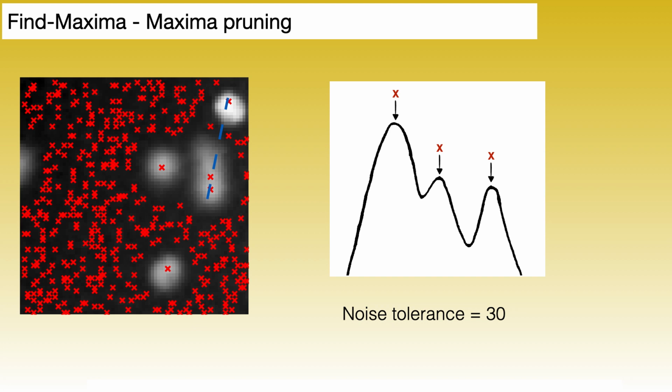So imagine we've got a region here with all these prospective peaks, and then we draw a chord across those peaks, that's the blue dashed line. We'd end up with something like we have on the right. Now, assuming a noise tolerance of 30, we would start with the brightest peak, and then we look at all of those pixels within 30 of that noise tolerance, so anything above 90 which is connected.